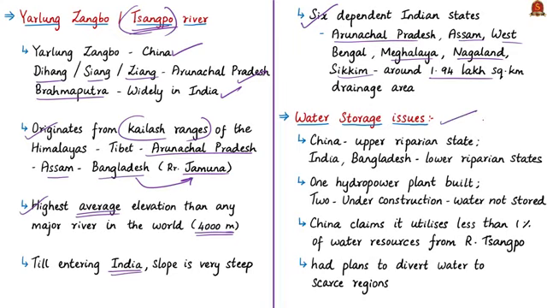We know that the upper riparian state with respect to this river is China, and India is the lower riparian state. It means the upstream side of the river is in China and the downstream side of the river is in India and in Bangladesh. As an upper riparian state, if China constructs dams for storing water, it will severely affect the drainage area in India, which is a lower riparian state.